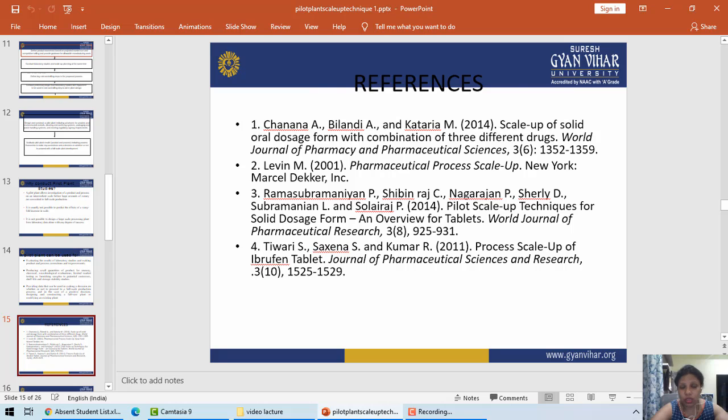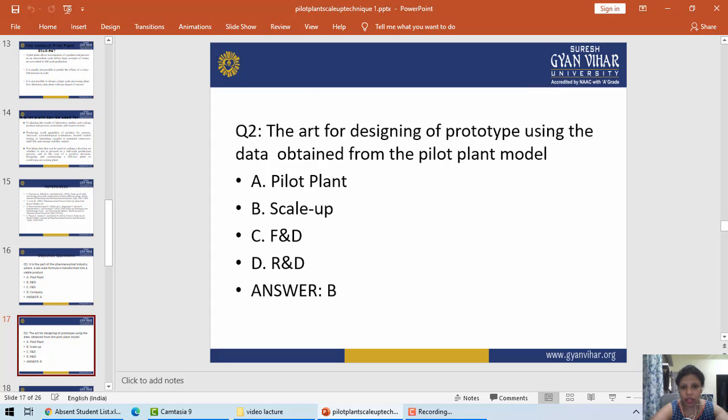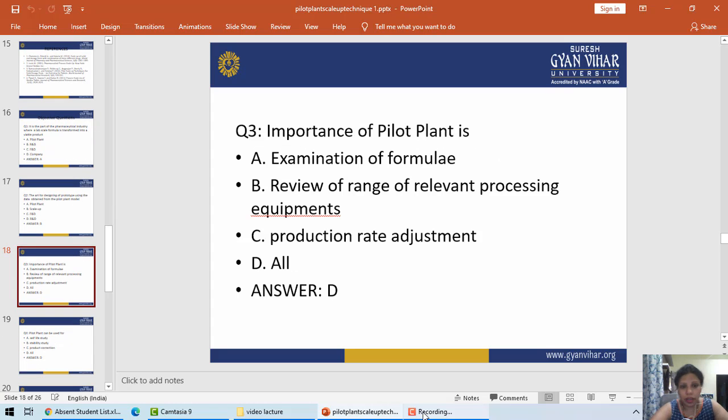Uses, the different references. Objective question 1, objective question 2, pilot plant, scale up, F&D, R&D. We have discussed the importance of pilot plant.